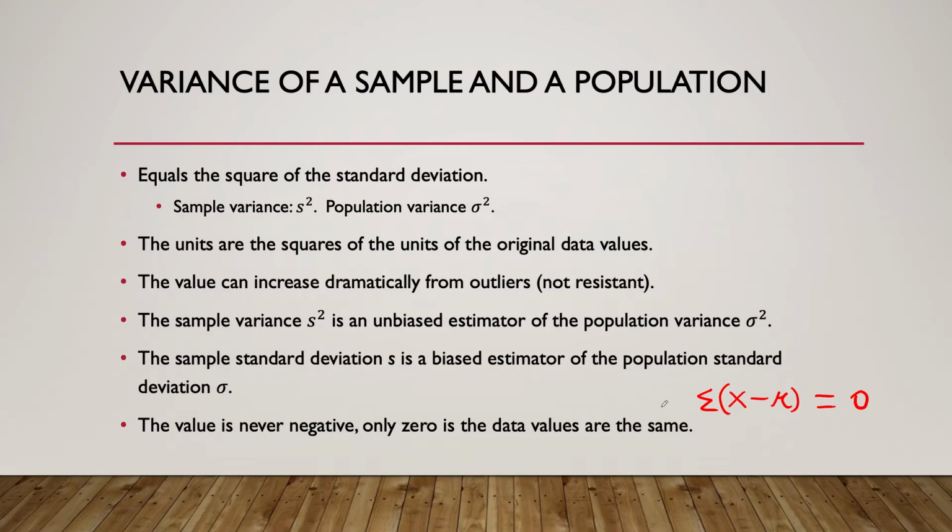So the reason why it's never negative is because we have to square those deviations. We take each data value, subtract the mean, square each of those values, and then add them up. Then that should not equal 0 at all, unless again the values are the same.